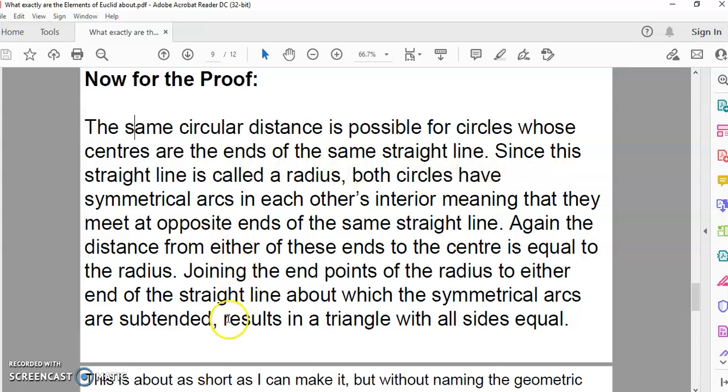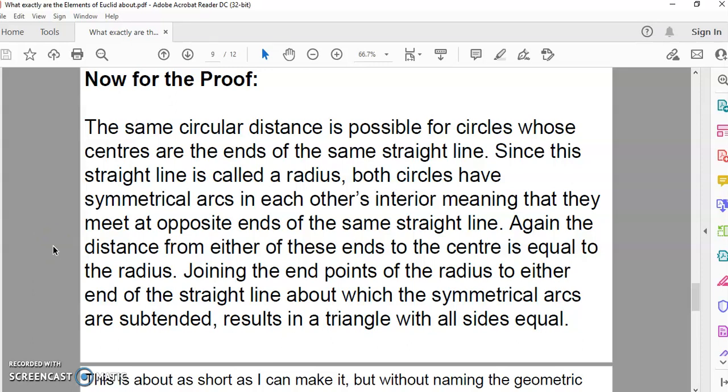Since this straight line is called a radius, both circles have symmetrical arcs in each other's interior, meaning that they meet at opposite ends of the same straight line. And we saw an example of this in my article called There Are No Axioms or Postulates in Sound Mathematics. Again, the distance from either of these ends to the center is equal to the radius.